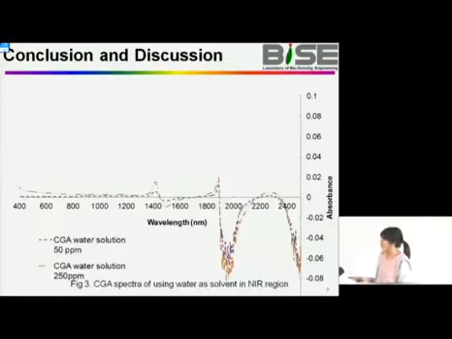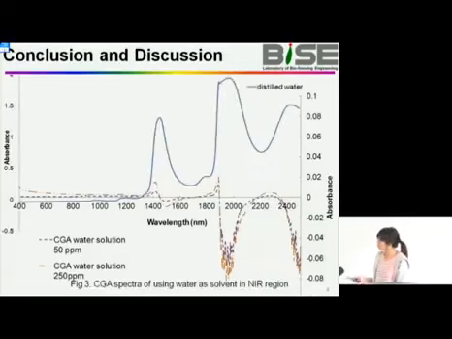Ideally, the spectrum should just represent CGA information because water information has already been removed as we're using water as a reference. From the result, we can see that some absorption values are negative. This is because water has strong absorption in these 2 regions.